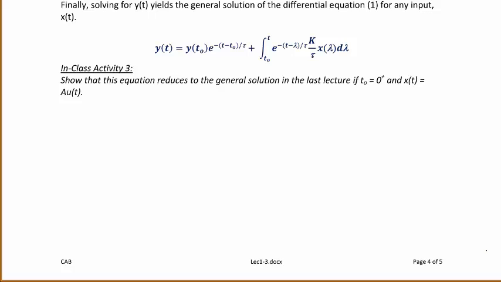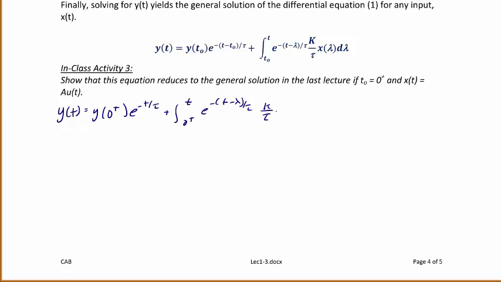Show that this equation reduces to the general solution in the last lecture if t naught is equal to 0 plus and x of t is equal to a u of t. So we're going to have y of t is equal to y of 0 plus e to the negative t over tau, and this is replacing t naught with 0 in both places, plus the integral from 0 plus to t, e to the negative t minus lambda over tau, k over tau.